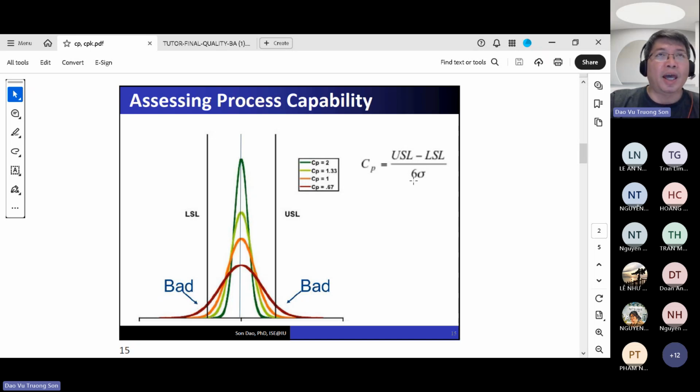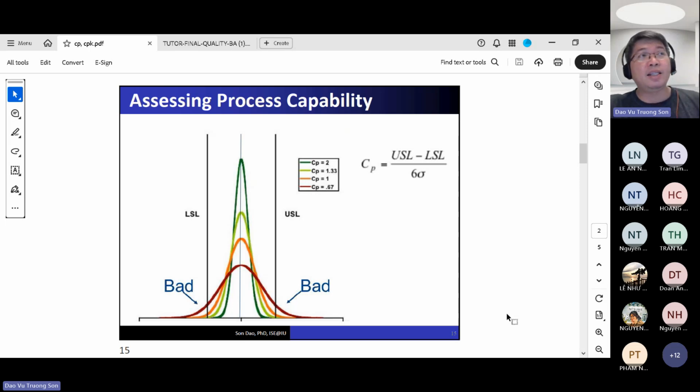All right. And remember, in our control charts, the distance between the upper control limit and the lower control limit is 6 sigma. This means 6 sigma is actually the distance between the upper control limit and the lower control limit.